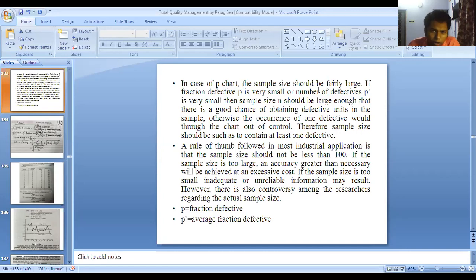Otherwise, the occurrence of one defective would throw the chart out of control. Therefore, the sample size should be such as to contain at least one defective.